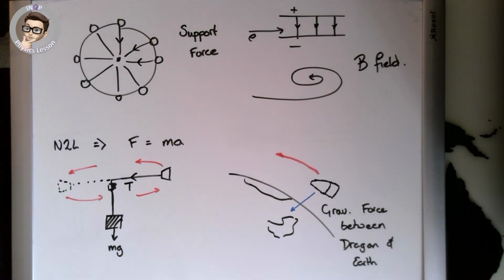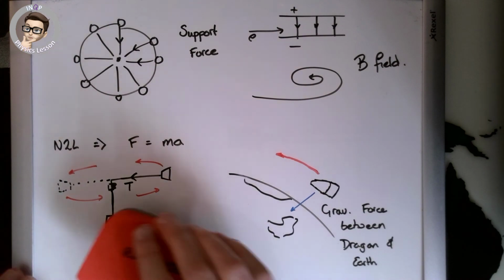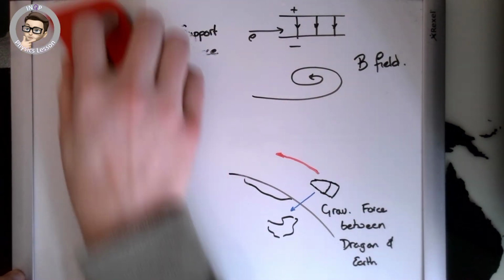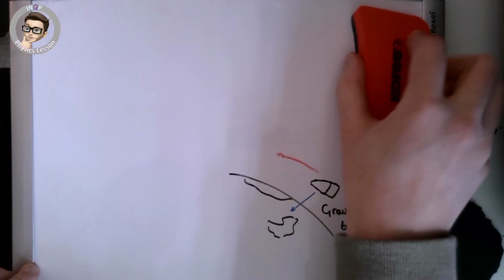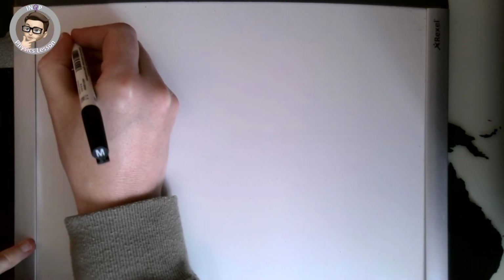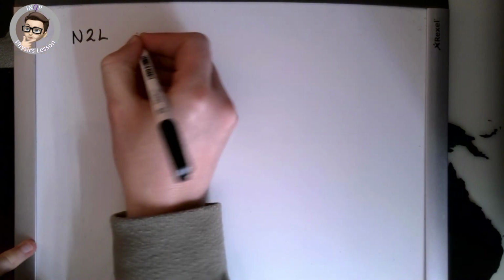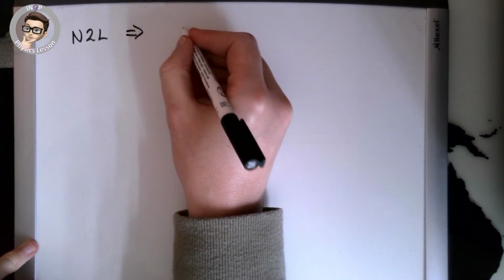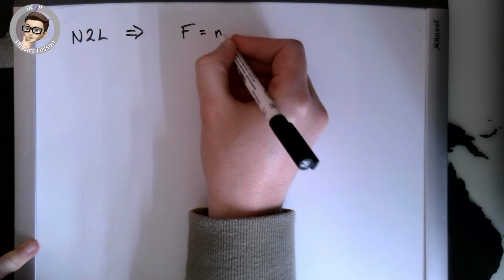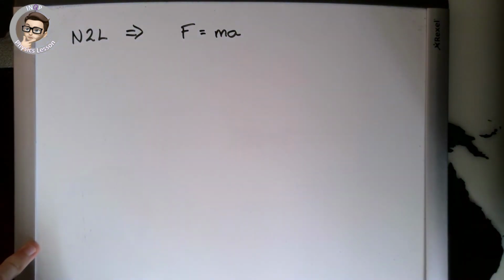Okay, so we've looked at what's causing the centripetal force. We've looked at the centripetal acceleration and where it comes from. So let's go one step further and let's actually calculate our centripetal forces. Well, we know Newton's second law, one of the most important laws in physics, is F equals ma.